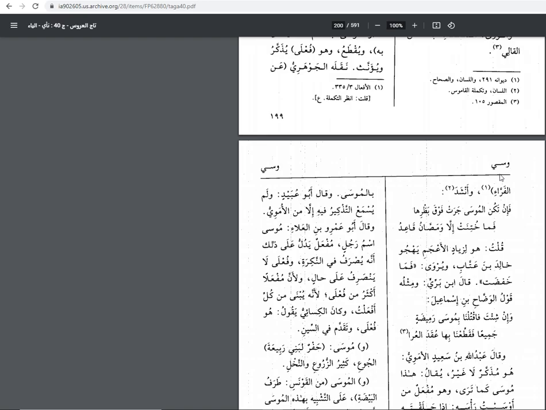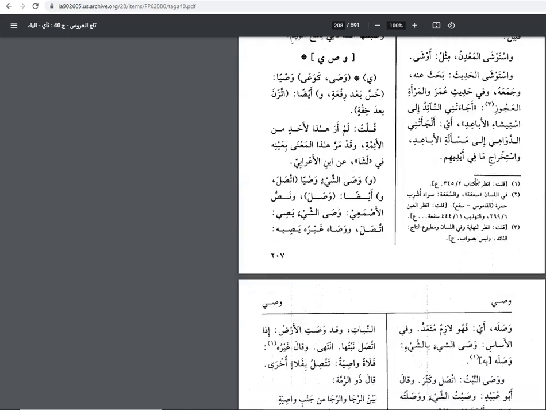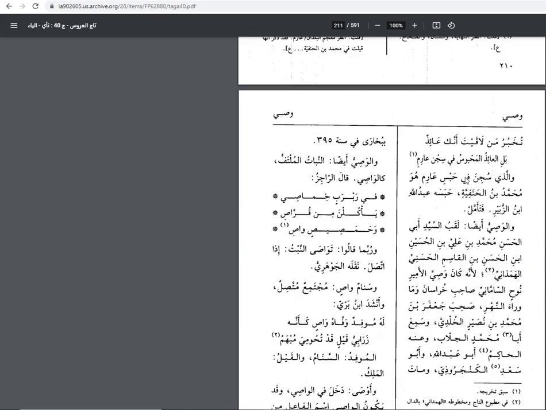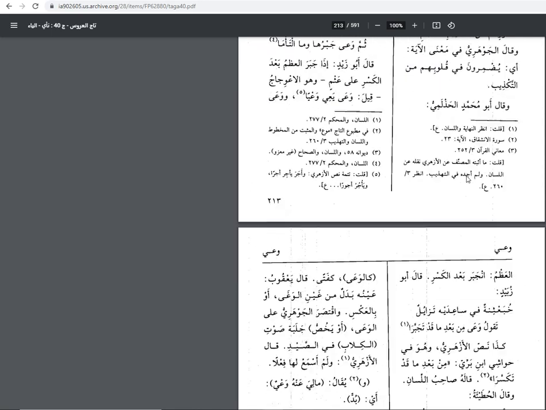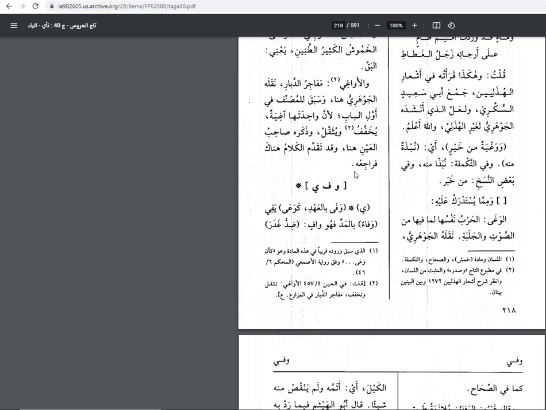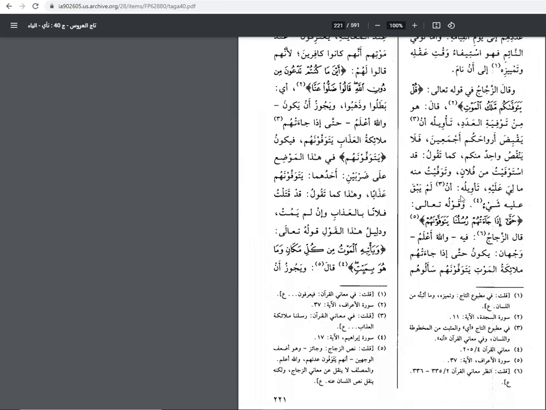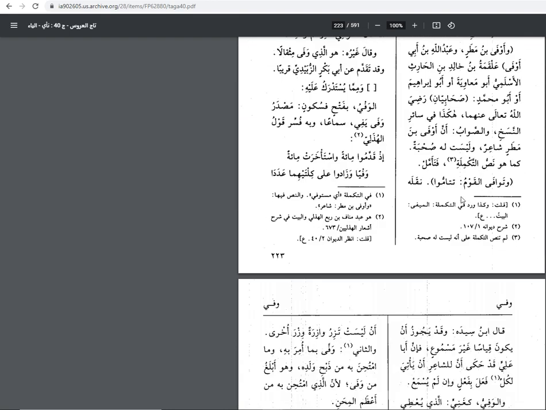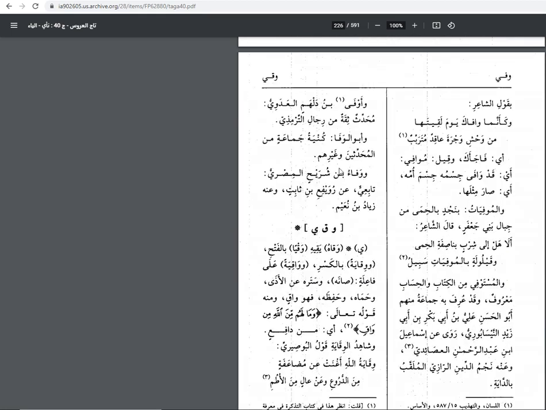We are looking for Waw, Qaf, Ya, so we have to go a little bit further down. Waw, Shin, Ya. Waw, Sad, Ya. Waw, Dad, Ya. Waw, Fa, Ya. So one more section, and we will be at the section of Waw, Qaf, Ya. Okay, so all the words that have the root letters Waw, Qaf, Ya will be found in this section.